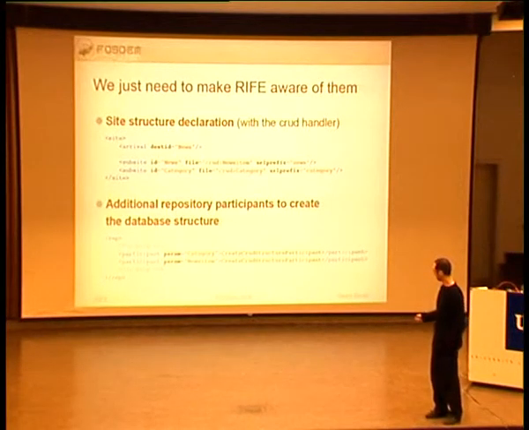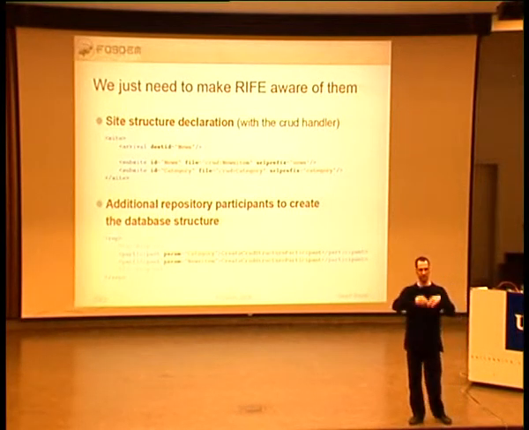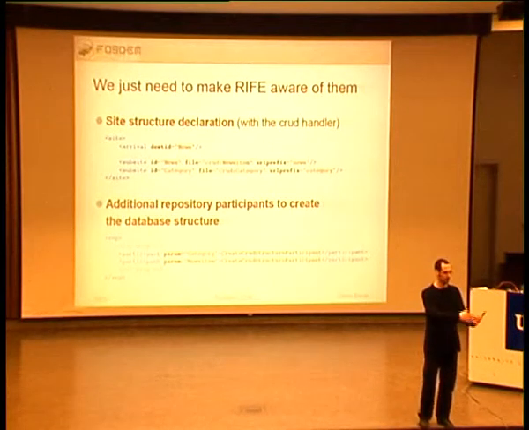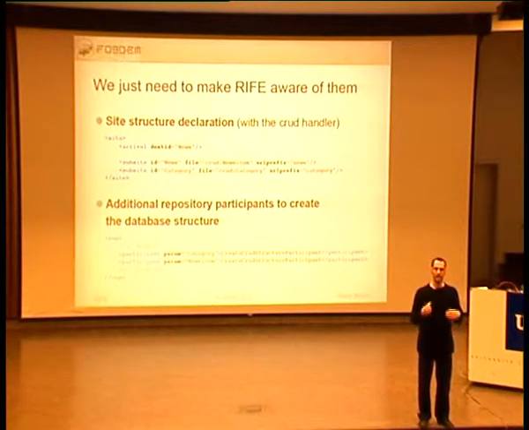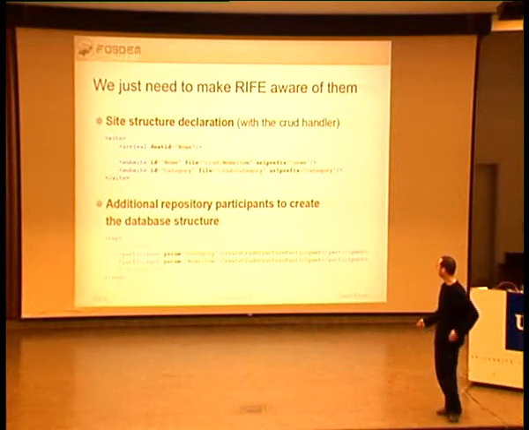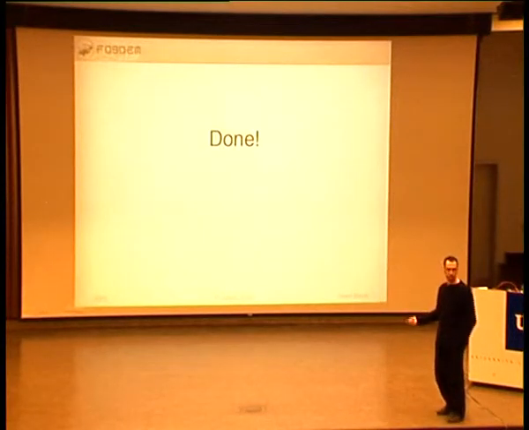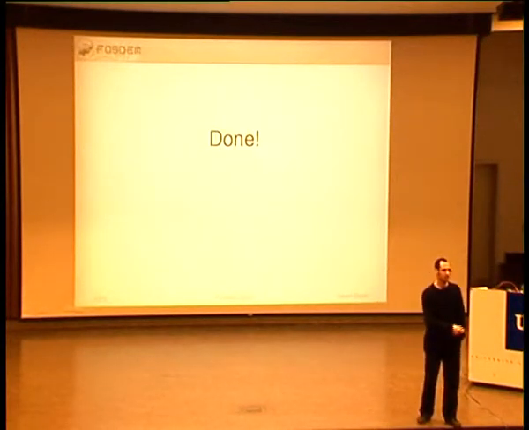And this is another thing. In the life cycle, when the application starts up, we've got this repository with participants. You can add some specific participants to automatically create the database structure. That's all. Now, of course, this will generate texts that will be very boilerplate. It will be generified texts.